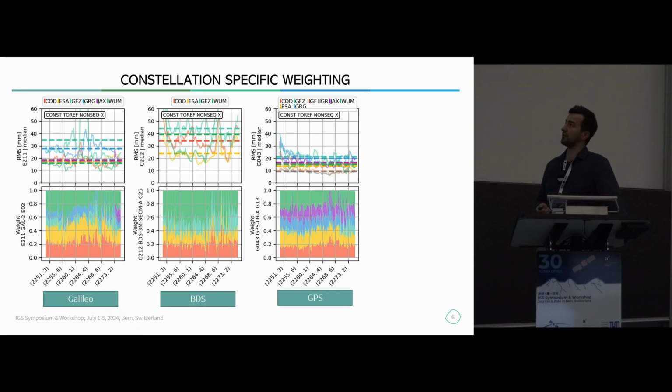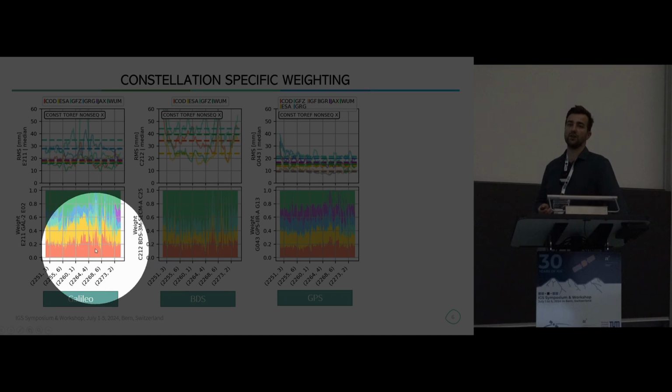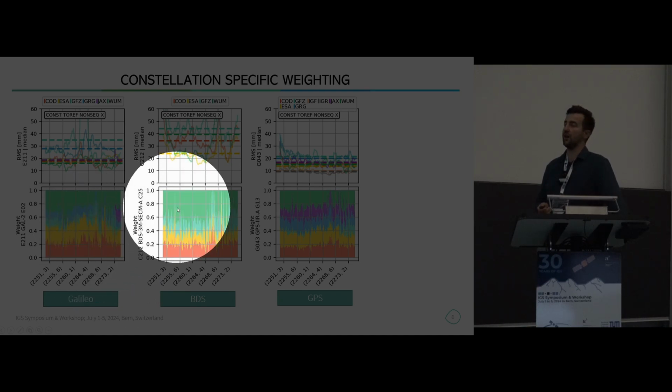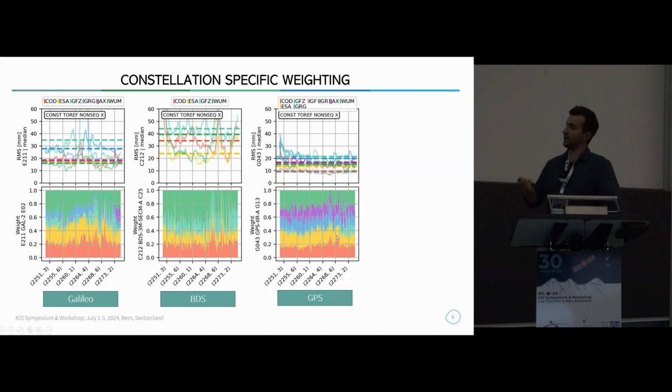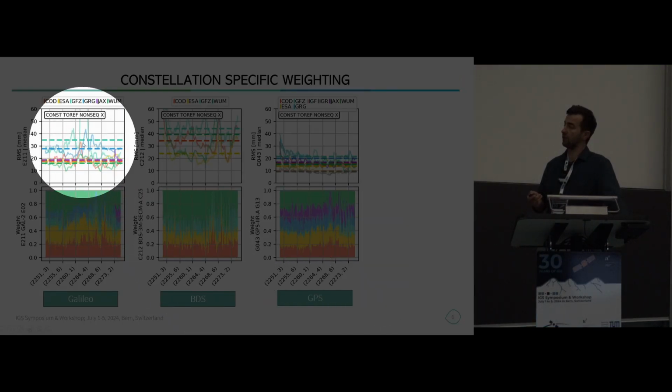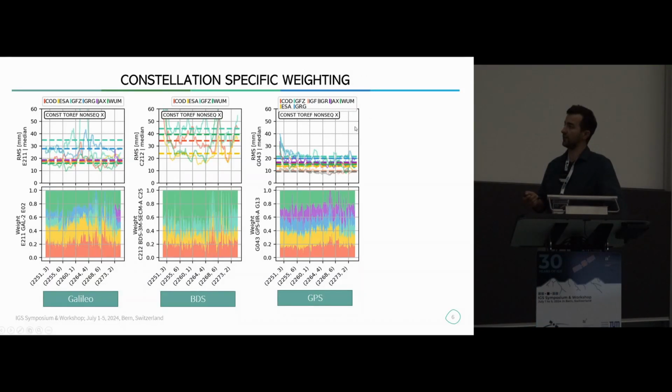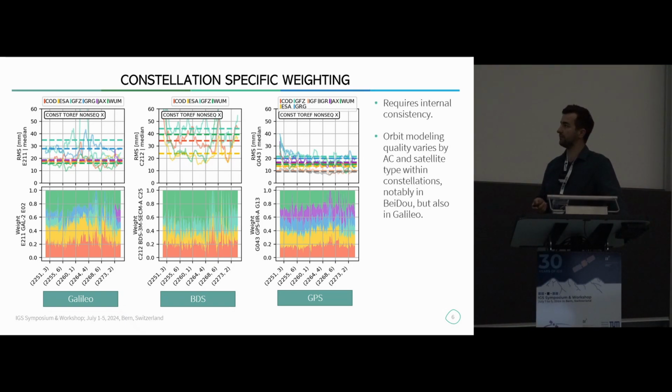This is the first result for the combination in the constellation-specific scheme. The weights are estimated for each constellation, and here is the composition of the weights for Galileo, BeiDou, and GPS, and the RMS of difference between the AC contributions and the combined orbit. We'll be using this kind of plot in the next slides for comparison.